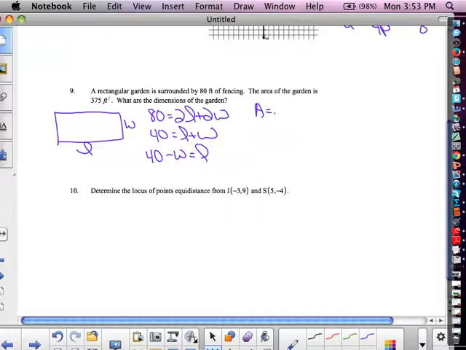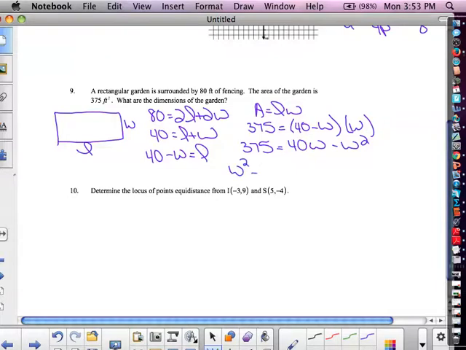Then I have the area. The area is equal to length times width. The area is 375. That's equal to the length, 40 minus W, times the width, which is W. So I get 375 is equal to 40W minus W squared. Add the W squared to both sides, and then subtract the 40W from both sides. And then see if that is factorable.